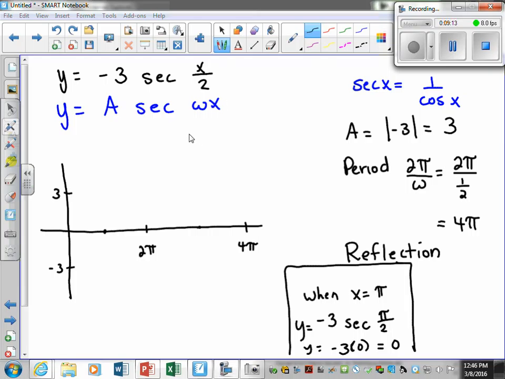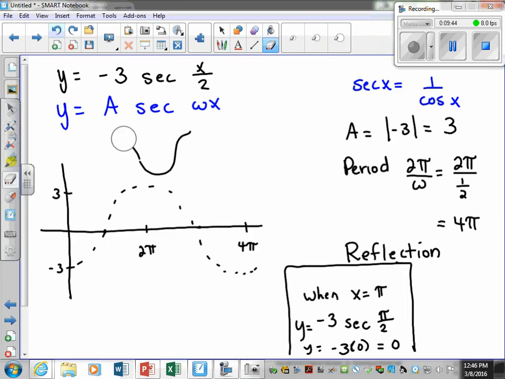So first let's just sketch our cosine graph. So it's a reflection. So typically, remember, cosine goes like this, but since it's a reflection, I need to keep in mind that it's going to be reflected here. Okay, so it's going to look like that. That would be our negative cosine of x.